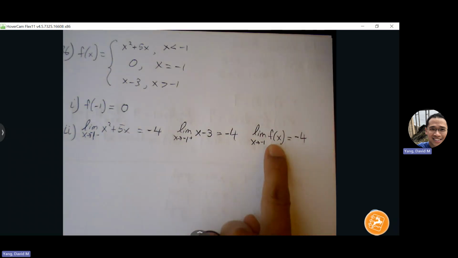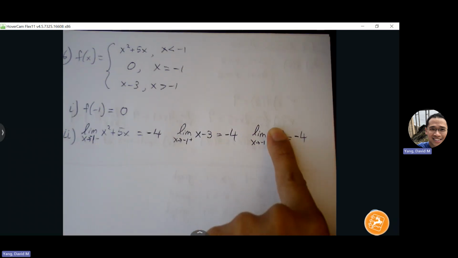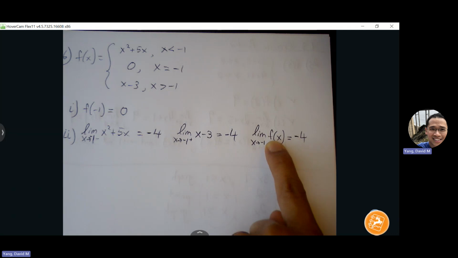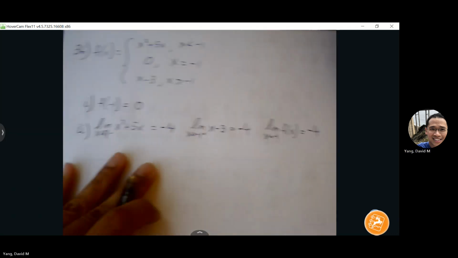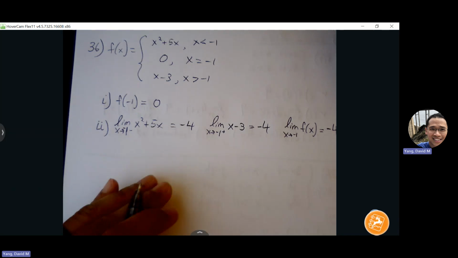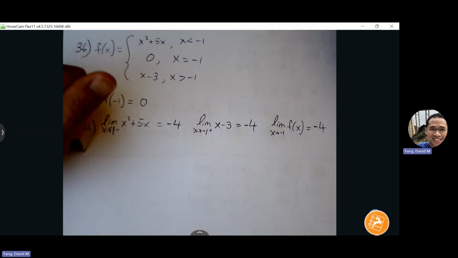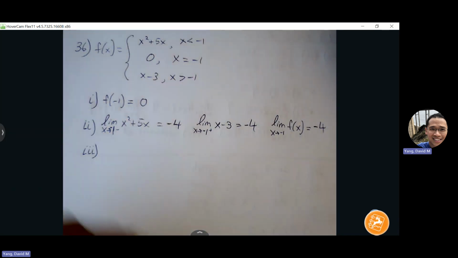Make sure that we don't just say the limit equals -4. We need to have something in place, we've got to refer to what we're talking about. So first condition is good. Second condition is good. Third condition, is it going to pass or fail?